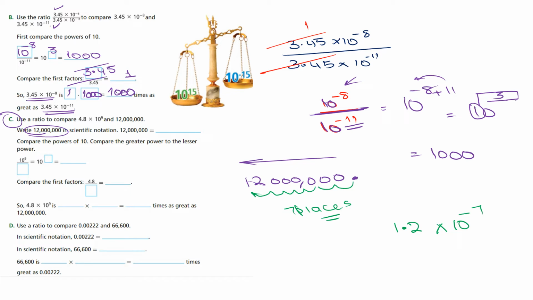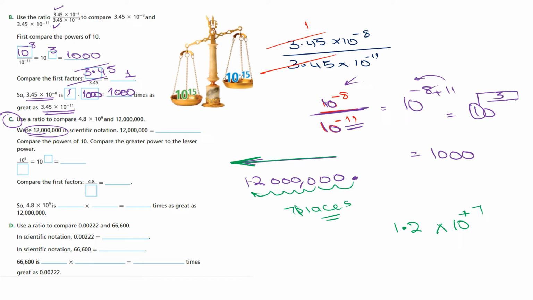So let's see what is the mistake. Yes, when we move to the left, power should be positive. Why? Because we are writing the scientific notation, right?